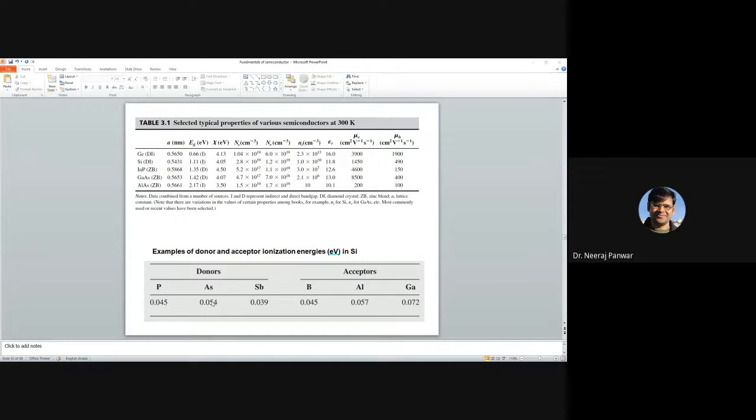For arsenic, it is 54 milli electron volt. For antimony, it is 39 milli electron volt. Similarly, for acceptors, if we dope any element from group three like boron, aluminium, or gallium in silicon, then only a few milli electron volt of energy is required to ionize the acceptor levels.